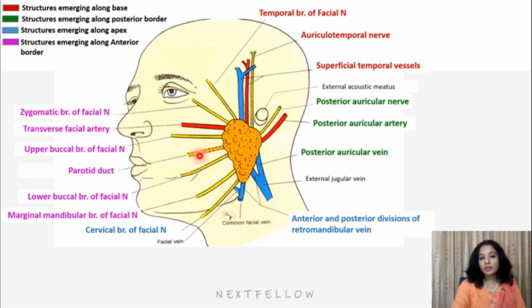And the duct also emerges from the gland, that is the parotid duct or Stenson's duct, which is around 5 centimeters long, and it winds round the anterior border of the masseter and pierces the buccal pad of fat, buccinator, buccopharyngeal fascia and pharyngobasilar fascia to open in the vestibule of the mouth.